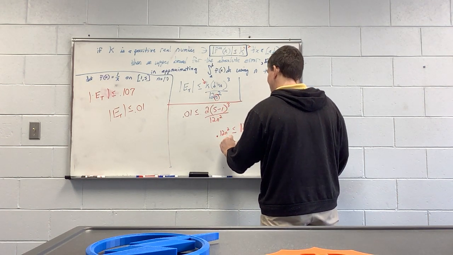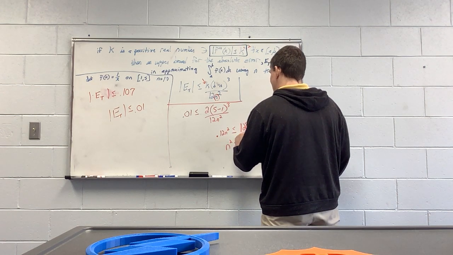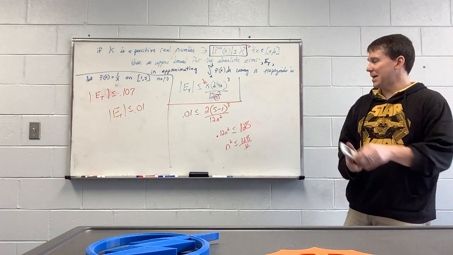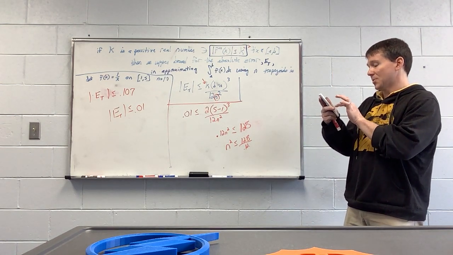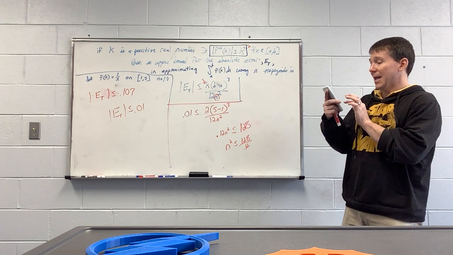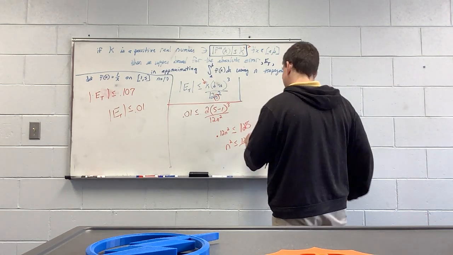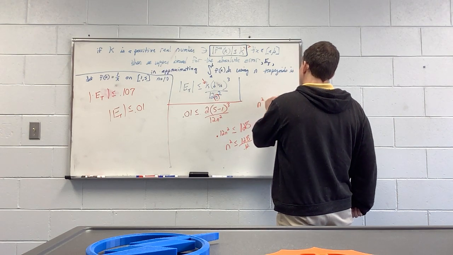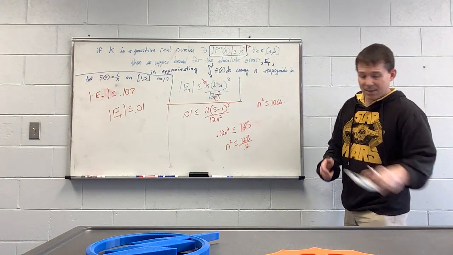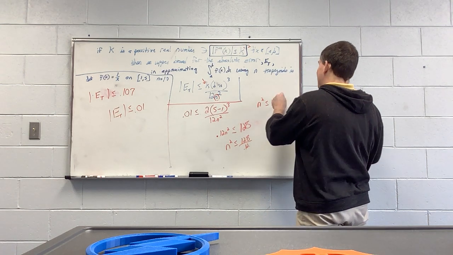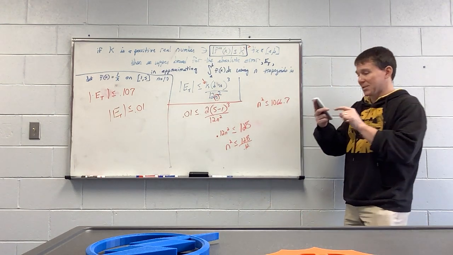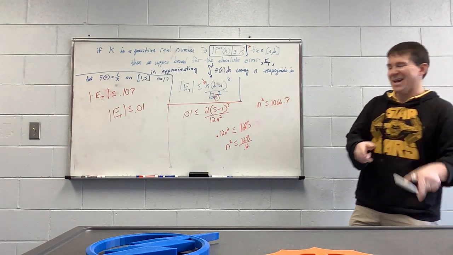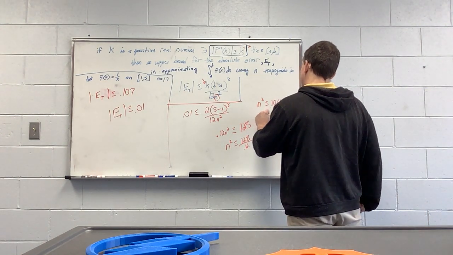Divide by 0.12, n squared is less than or equal to 128 divided by 0.12, which I can then put into my calculator, and I get 1,066. So n squared is less than or equal to 1,066.7. So then square root both sides, and I get 32.6.